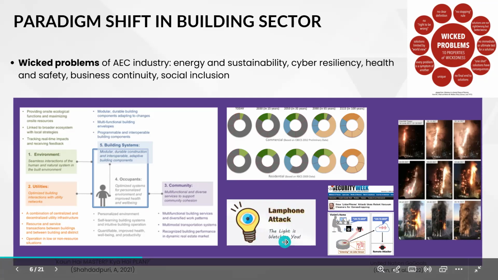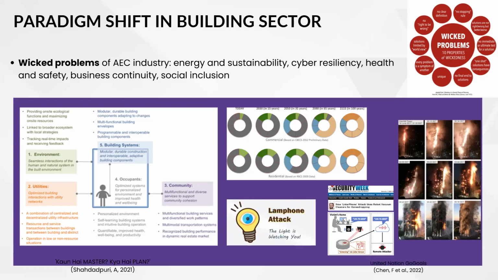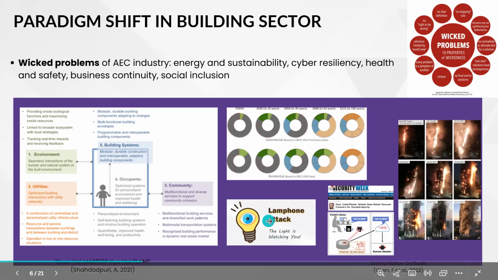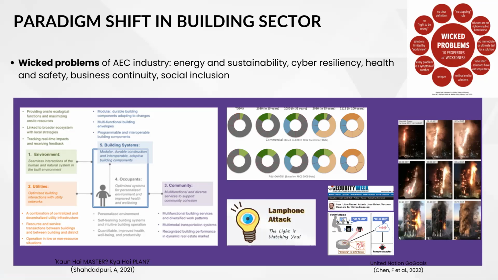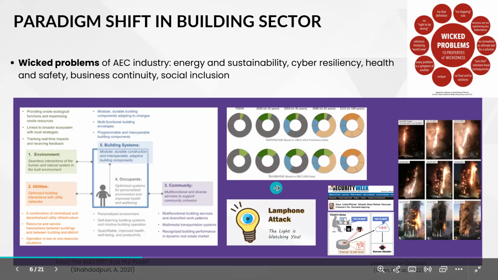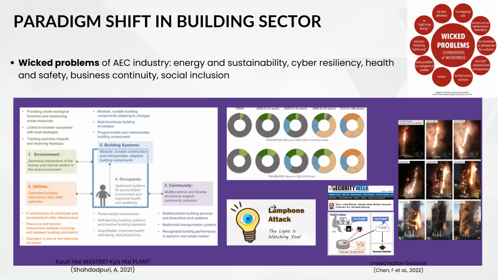One of them is the lamphone attack. I don't have time to go into the depth, but some of us have exchanged ideas in the past. That's one attack which shows you don't need any medium whatsoever to eavesdrop on conversations in a building. All that you need is a clear line of sight.